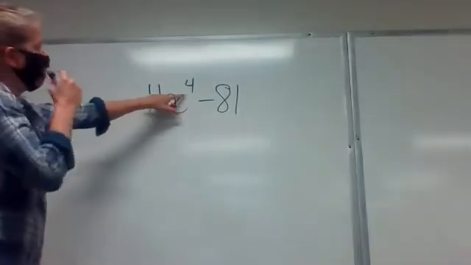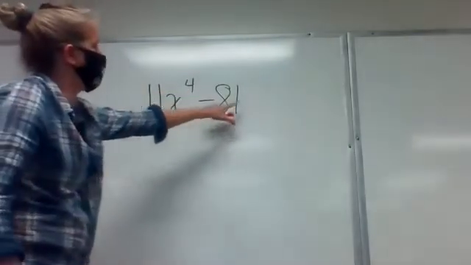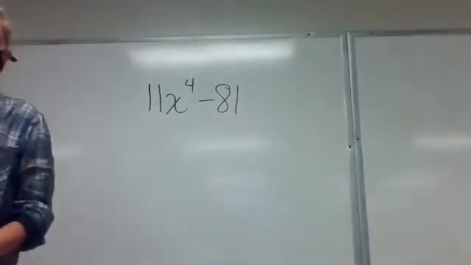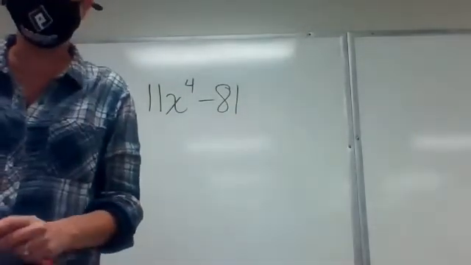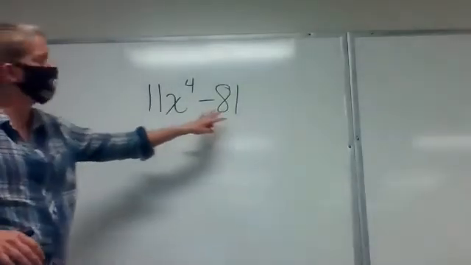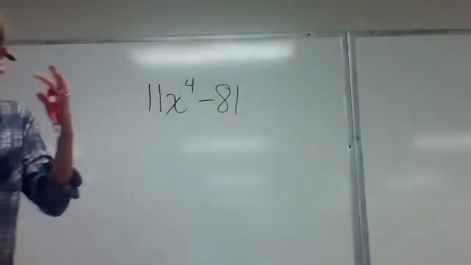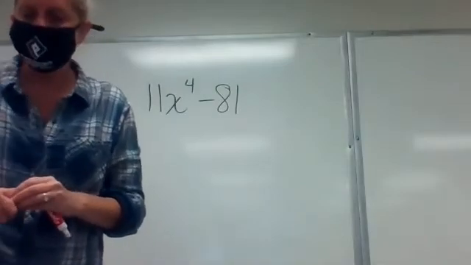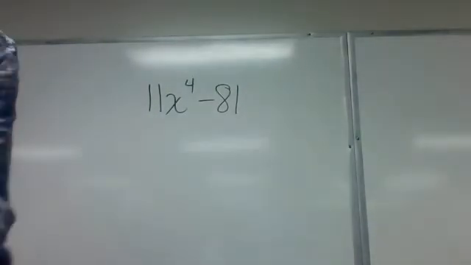Now look, this one has x to the 4th. Does this one have any x's? This one does not have any x's, so they don't have any x's in common either. Which means this is as simplified as this can get. There is nothing that you can pull out here. Okay? Nothing goes into both of these besides a 1.